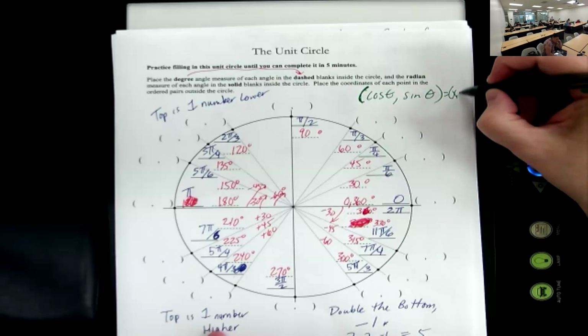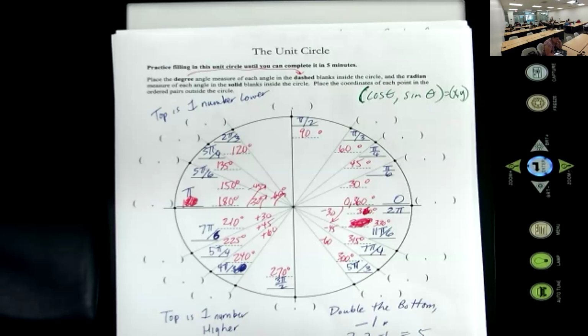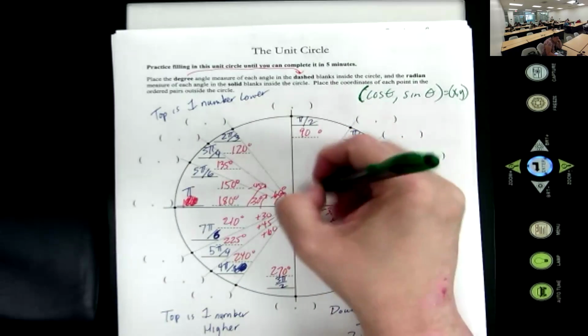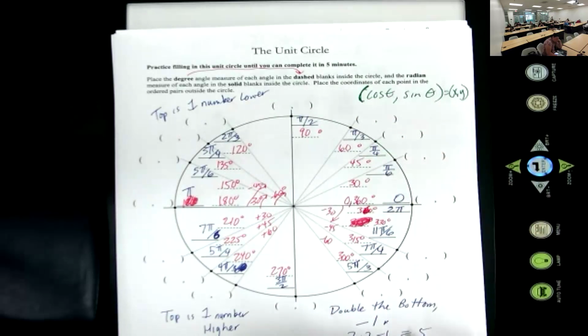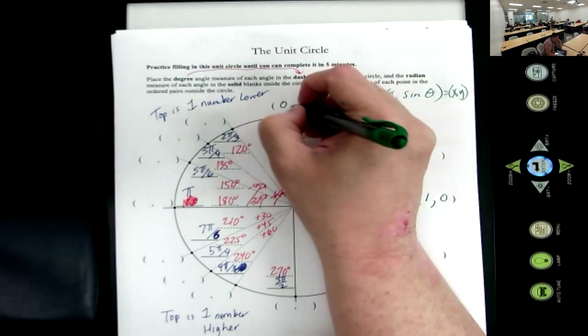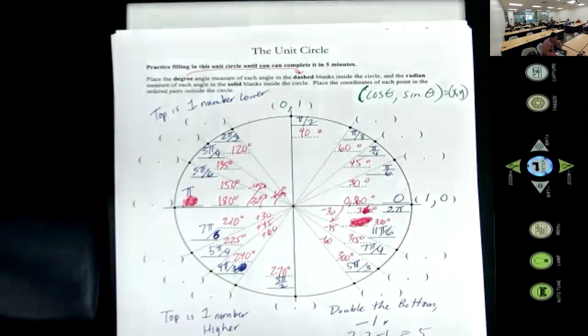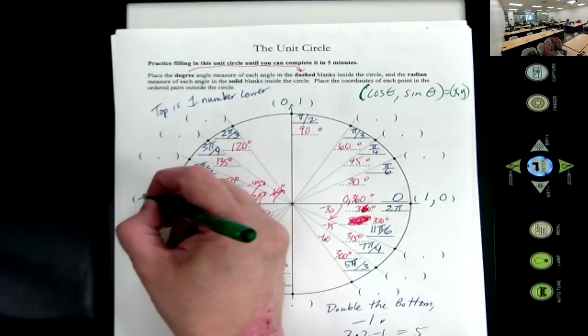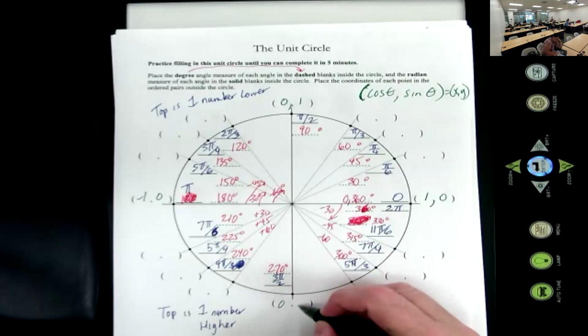So for some of these, it's easier to just look at what the xy are, especially since we know this is a distance of 1. This has got to be 1, 0, and this has got to be 0, 1. Those are easy to fill in without looking at sine theta and cosine theta. This is -1, 0, and this is 0, -1.